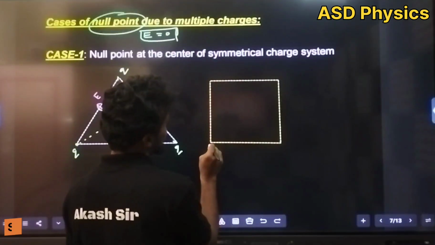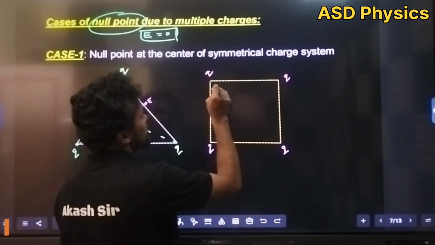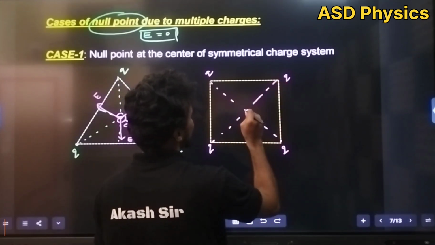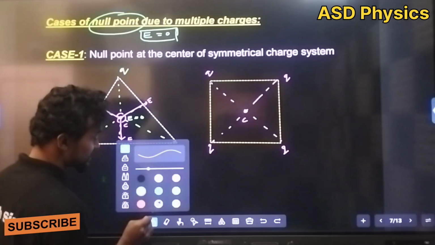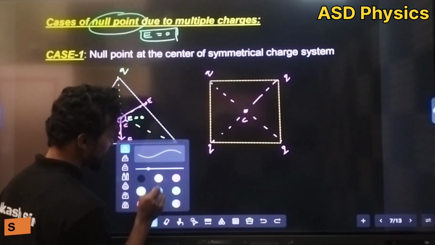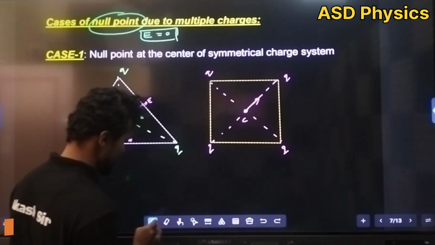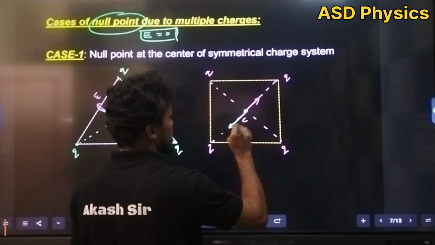Similarly here also, if we take the charges Q, Q, Q and Q, then again what do you think, students, the electric field intensity will be 0 at the centroid. Why? Because here we can see very easily. Due to this Q, electric field is away in this direction. Let me change the color, students. Due to this Q, electric field in this direction.